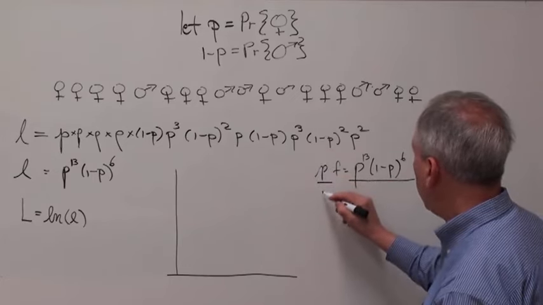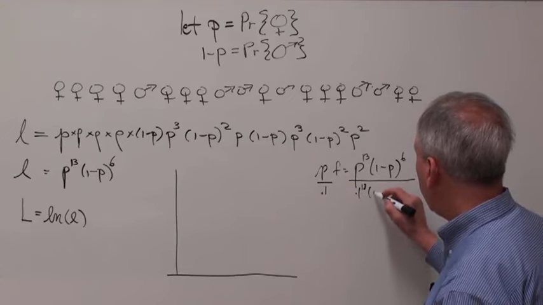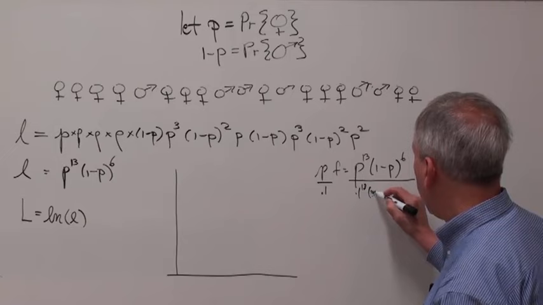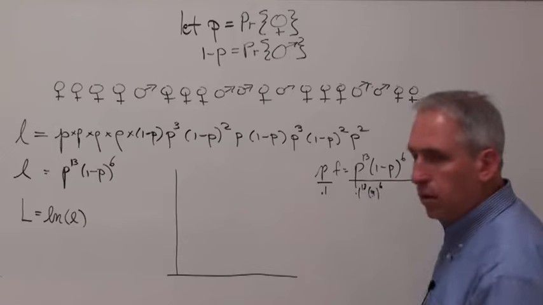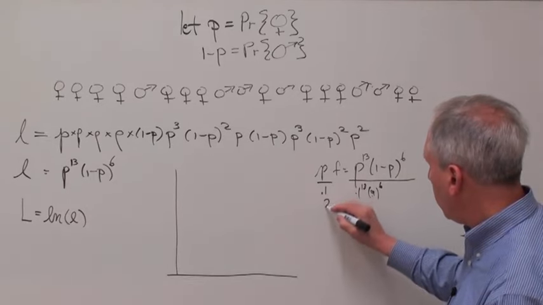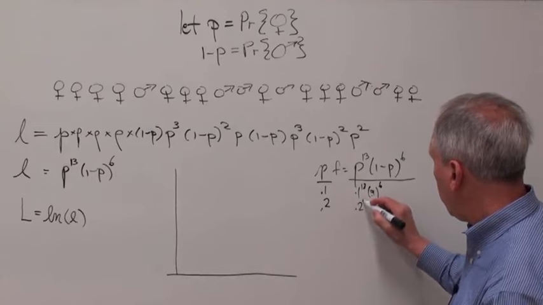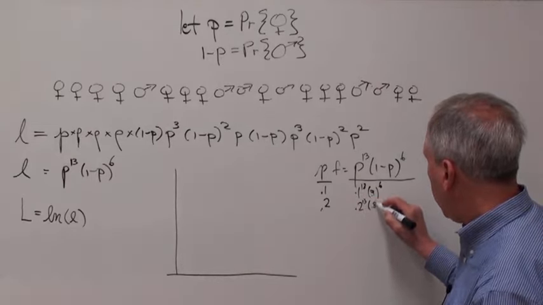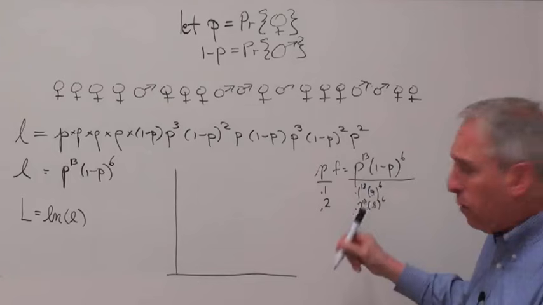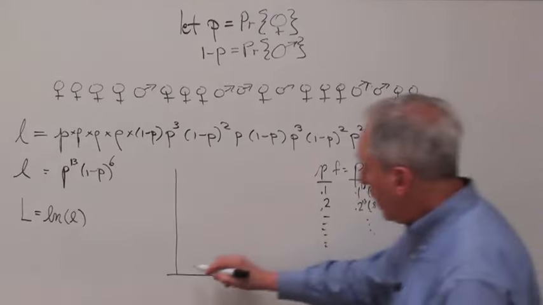If p was equal to 0.1, I would take 0.1 to the 13th times 0.9 to the 6th, and evaluate that. Then I would take another value of p, say 0.2: 0.2 to the 13th times 0.8 to the 6th. I'd evaluate the function each time, and then I would plot it.